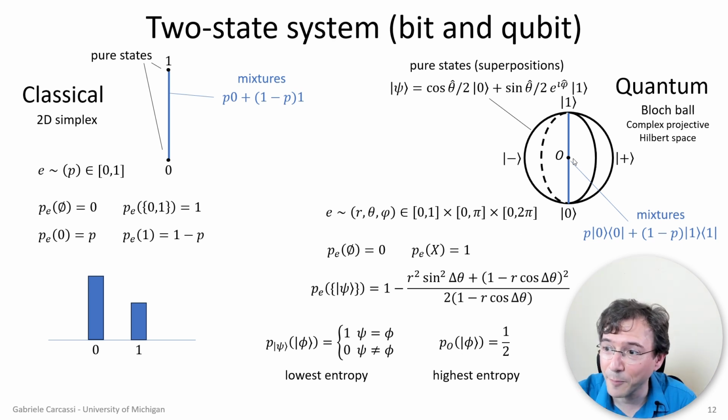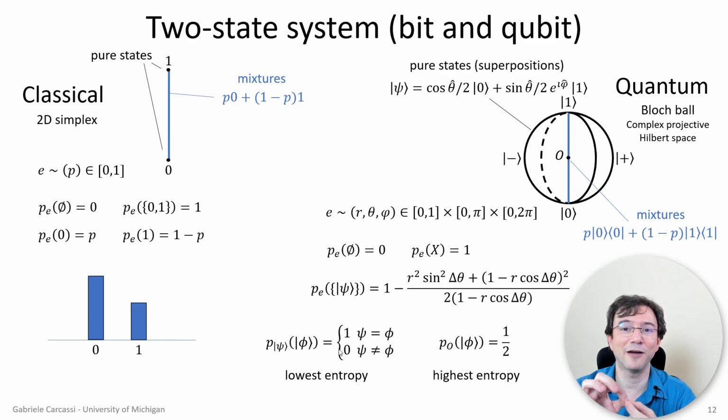Or if you take the point in the middle, this point is equidistant from every other pure state, and therefore the probability of having any pure state, given that you have the maximally mixed state at the origin, is 1/2, right? So this is the case where you have all the probability concentrated in one point and 0 on the other, and this is the case where you have 1/2, a uniform distribution.